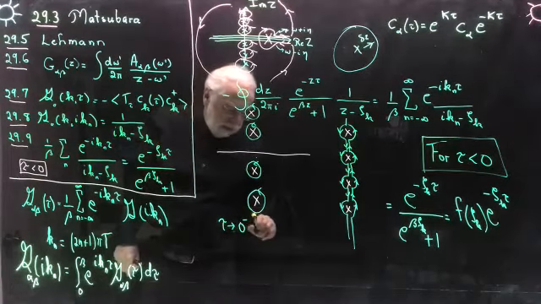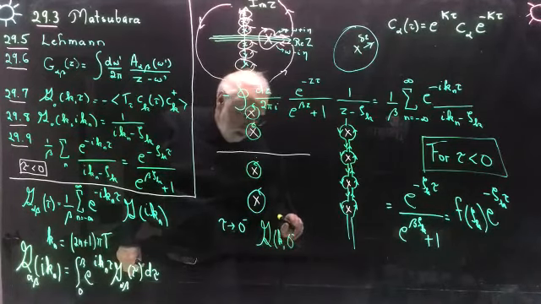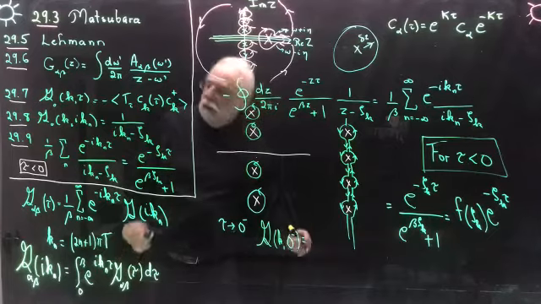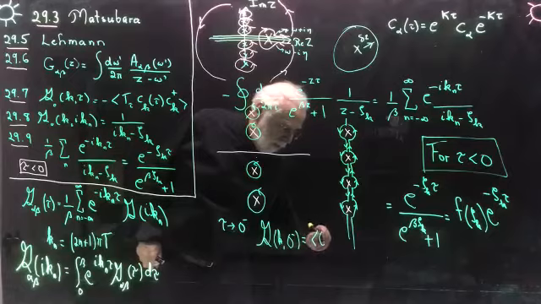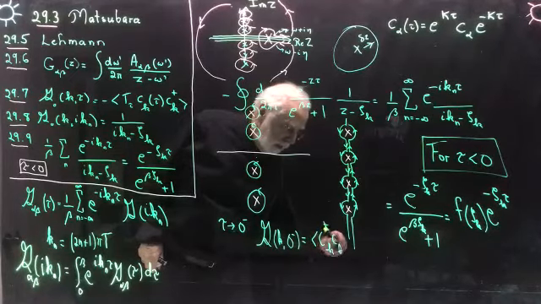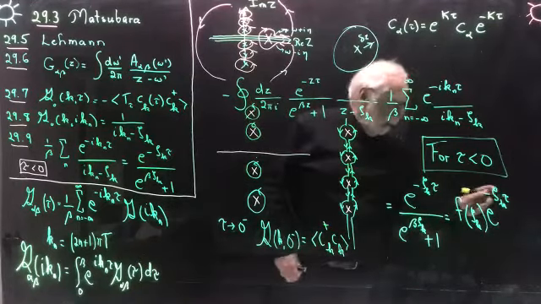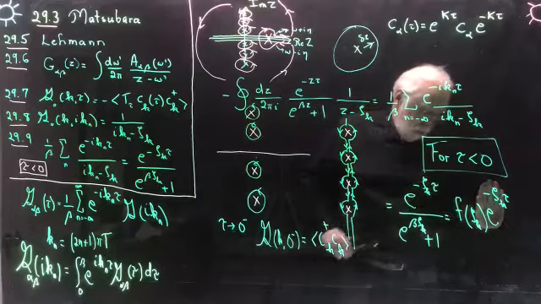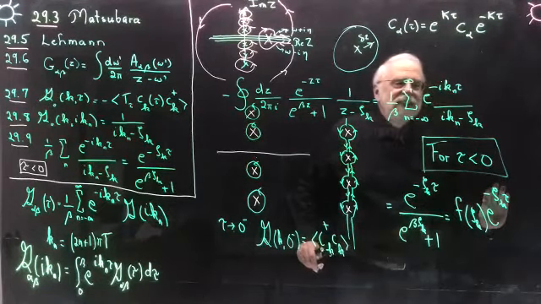So for tau equals 0 minus, g of k at 0 minus is equal to the expectation of c dagger k c k. Okay. So when I replace tau by 0 minus, this becomes 1, and that becomes the Fermi function.